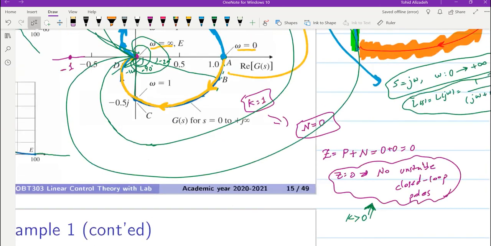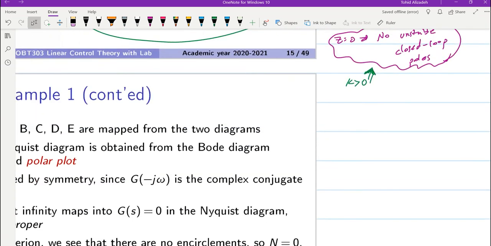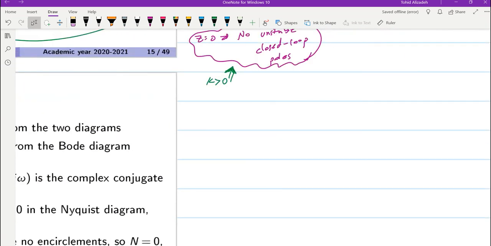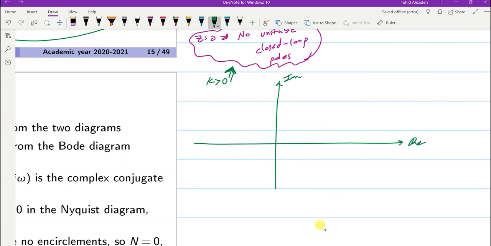Let's try it for the system that we have obtained. Let me draw it again here. We have our approximate Nyquist plot here. This is the point minus 1. Here we are at the origin.